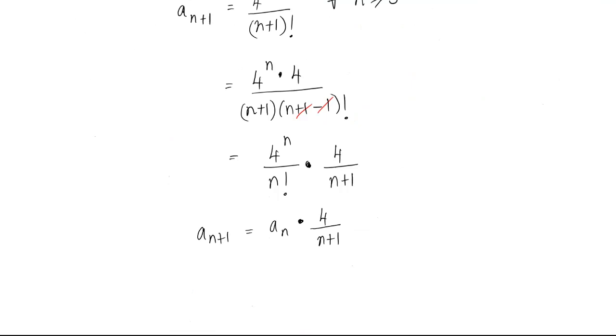So what do we know about an plus 1? An plus 1 is an multiplied by 4 over n plus 1, right? Before that, let me just write that this is a recursive formula, because you wrote one term in terms of another term, rather the previous term.